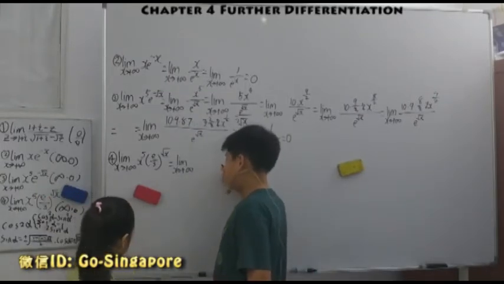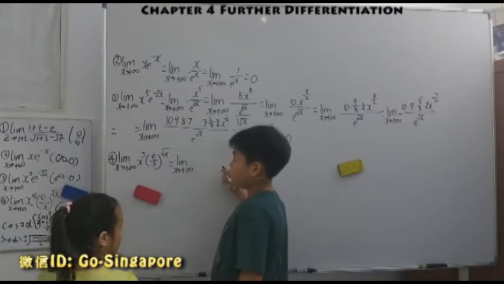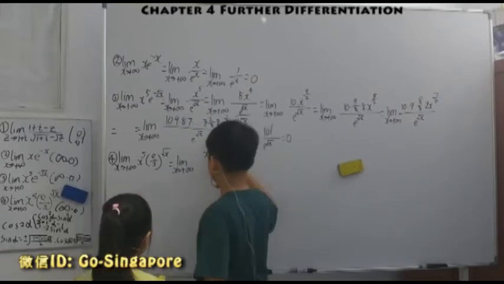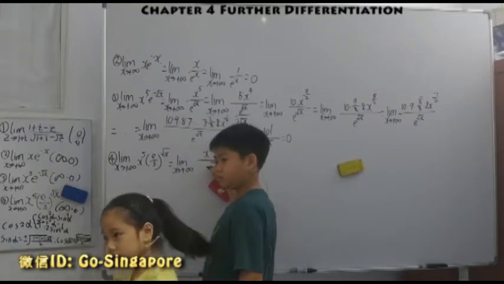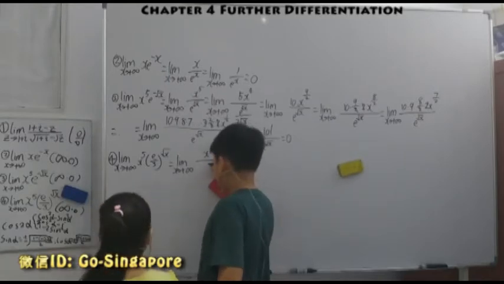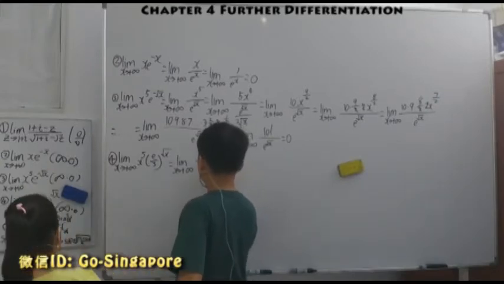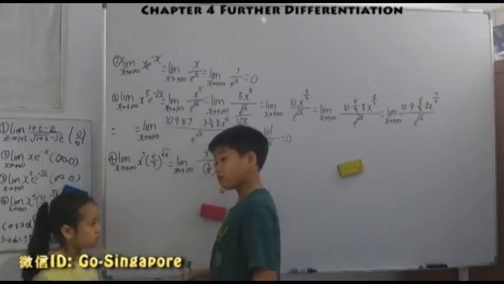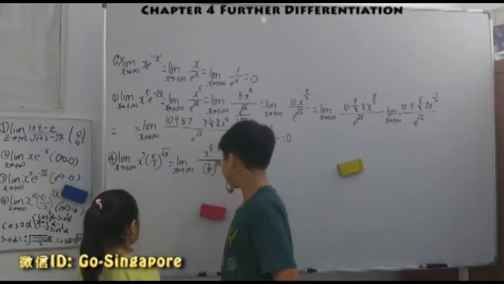This is limit x approaches positive infinity, then remember this as x to the power of 5 over 3 over e. Not 3 over 4, yes, 3 over e, because at first it becomes a negative, now the reciprocal becomes a positive. Like this, right? Yes.